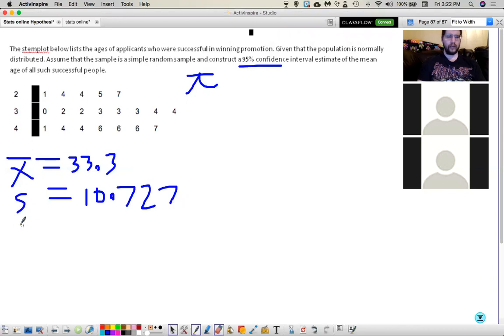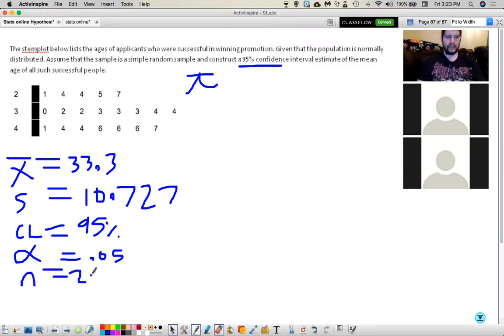Okay, and our confidence level again was 95%. That gives us an alpha of 0.05 in 2 tails. Chop that in half if we want 1 tail. It's a T, doesn't really matter. Let me go look up, let's see, we had N was 20. That makes my degrees of freedom 19.